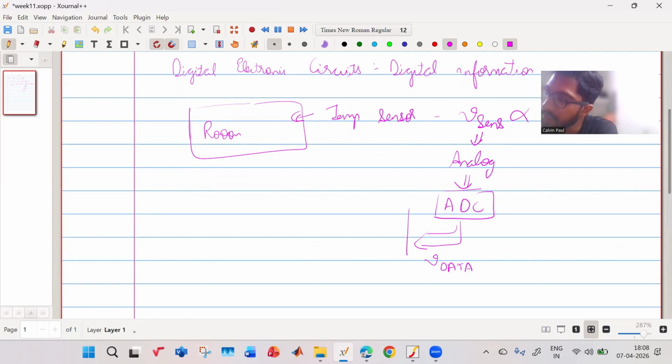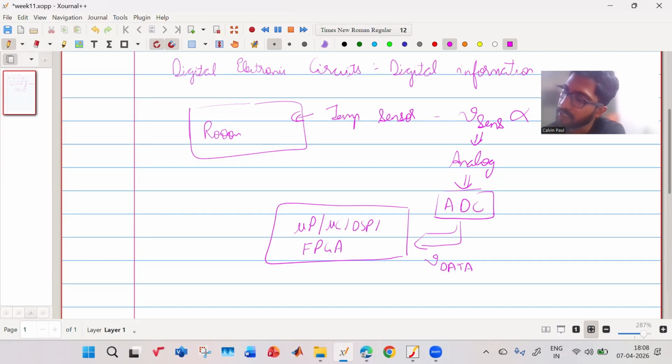This data will be sent to some large microprocessor, microcontroller, DSP, or FPGA, and based on that it will control the temperature.